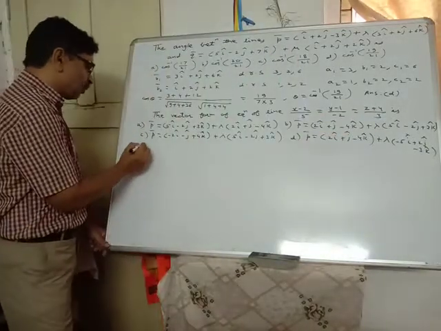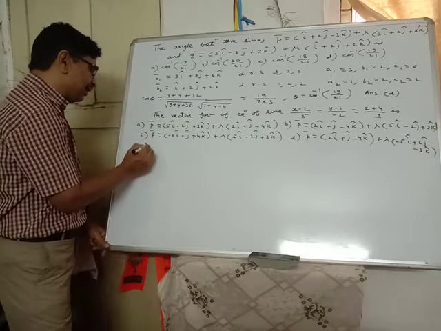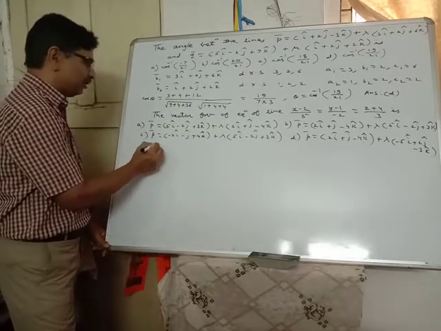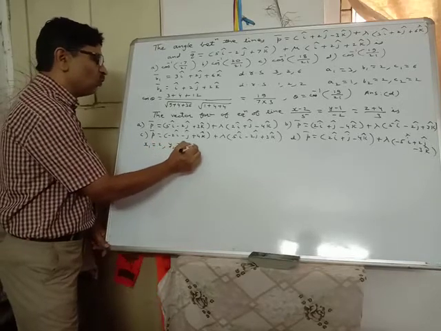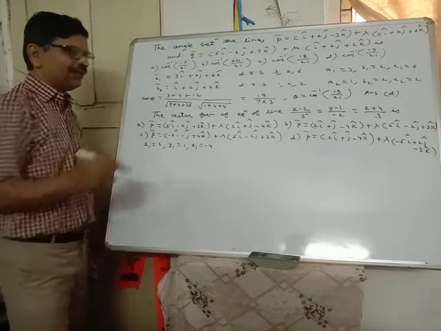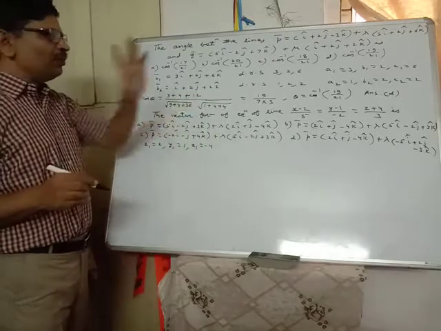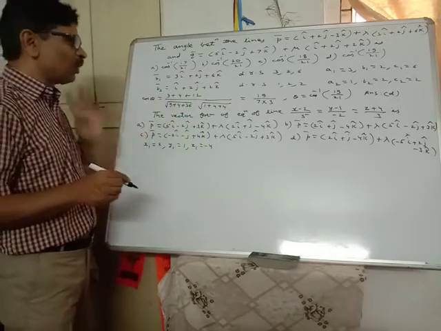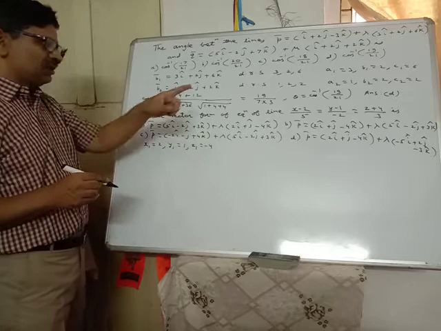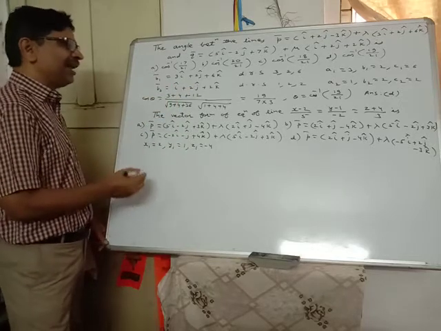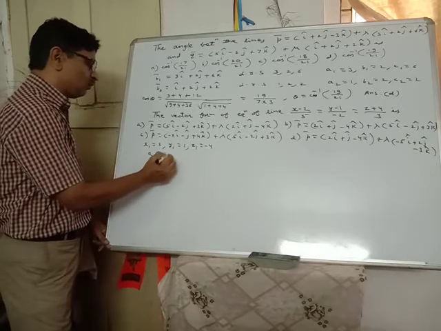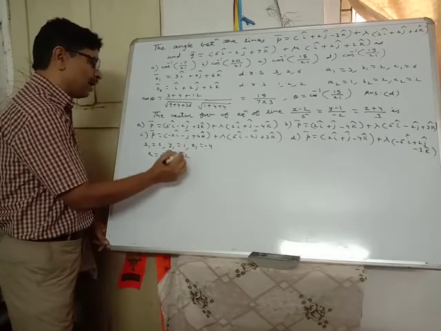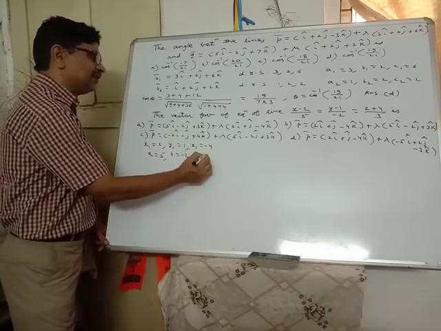So coordinates of point we shall denote by x1, y1, z1. So x1 2, y1 1, z1 minus 4. From numerator we get coordinates of point on the line. Denominator gives us direction ratios of line. a 5, b minus 2, c 3.